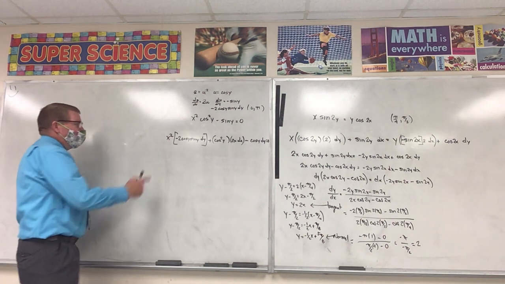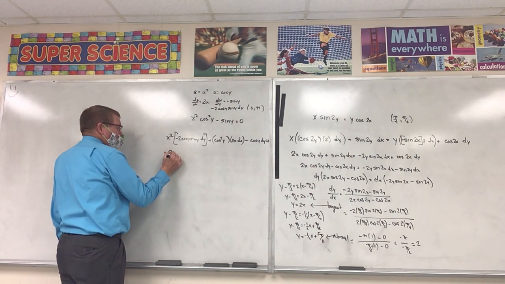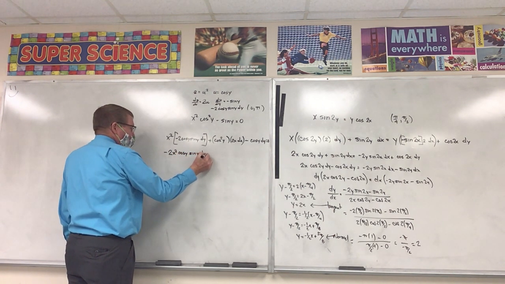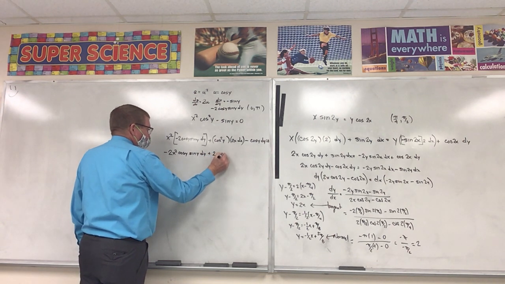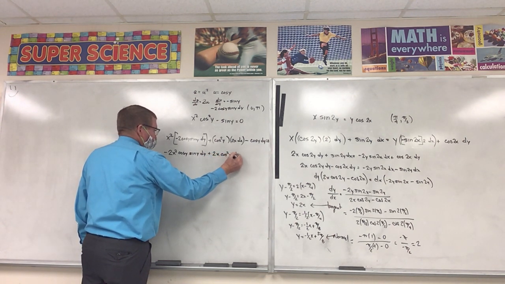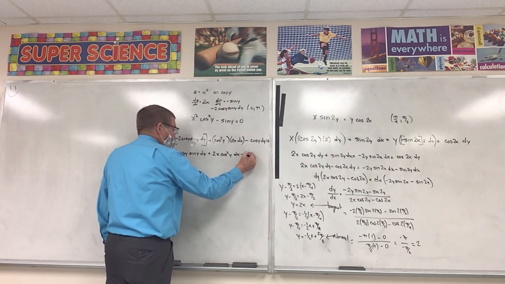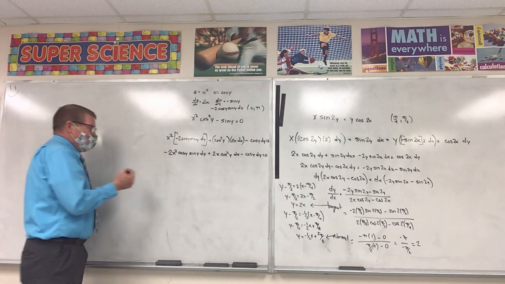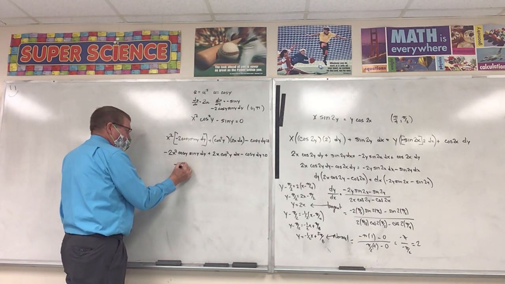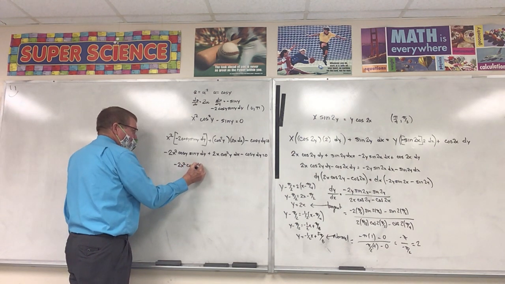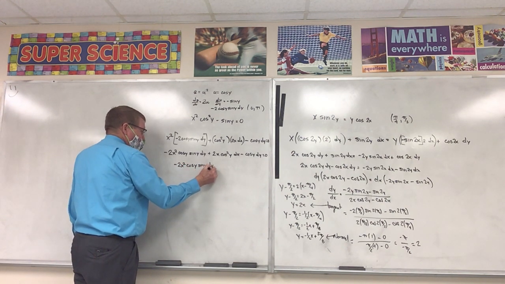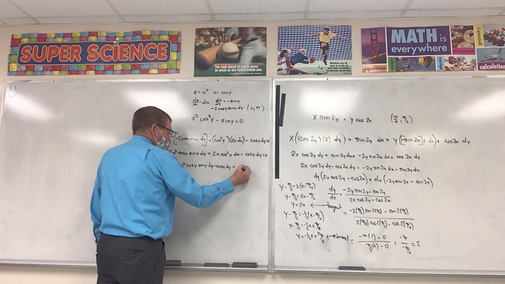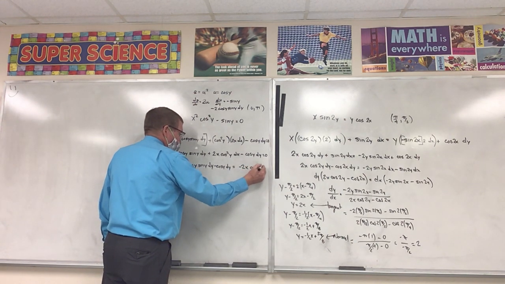So simplify: negative 2x squared cosine y sine y dy plus 2x cosine squared y dx minus cosine y dy equals 0. I'm gonna get all my dy's on the same side, so negative 2x squared cosine y sine y dy minus cosine y dy equals negative 2x cosine squared y dx.